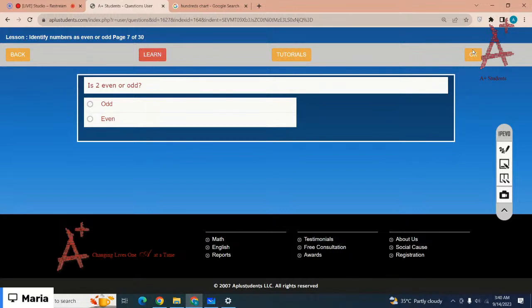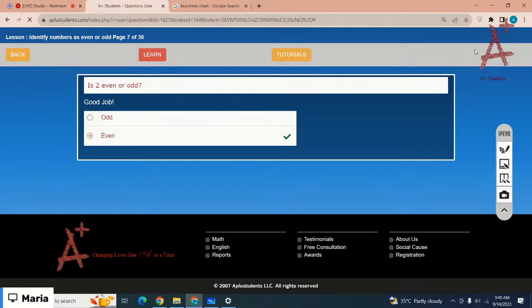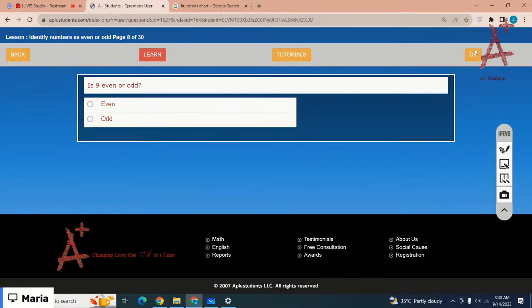Okay, is 2 even or odd? Which is the correct option? 2 is an even number, right? Okay, is 9 even or odd? 9 is an odd number.